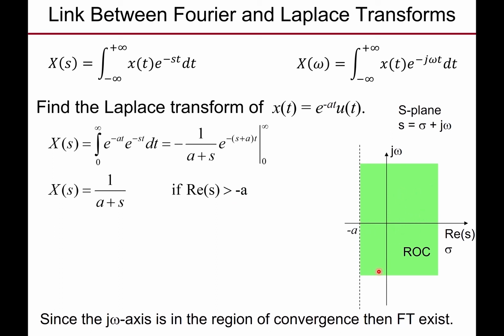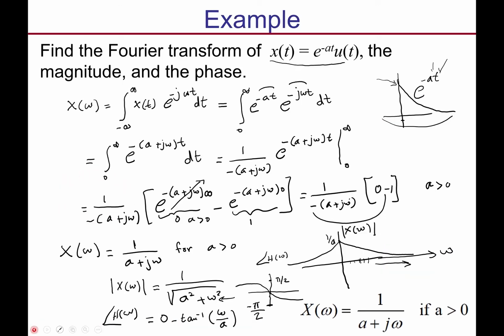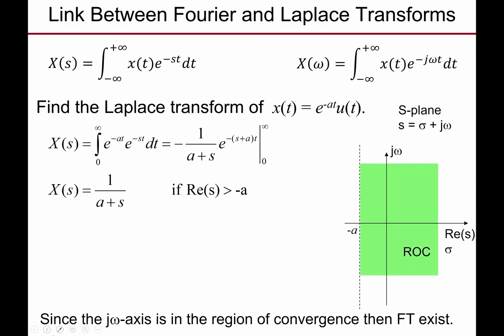As long as the region of convergence includes the imaginary axis j omega, then this signal will have a Fourier transform. And if we replace s by j omega, we will get H of j omega, the same thing we did in the previous slide. If you compare this one to this one here, it's just j omega here, and in the Laplace it's s.